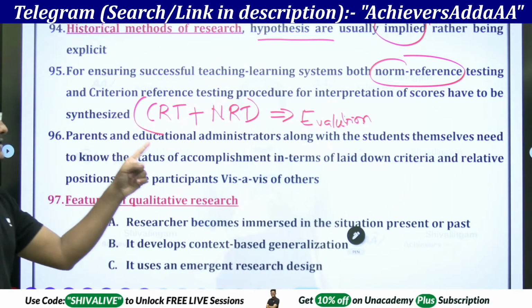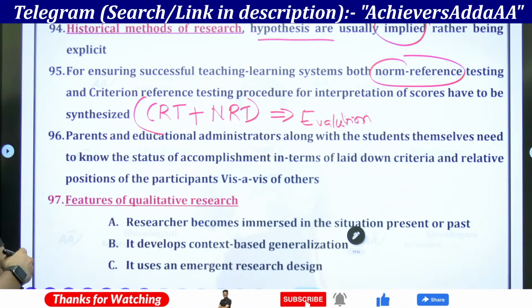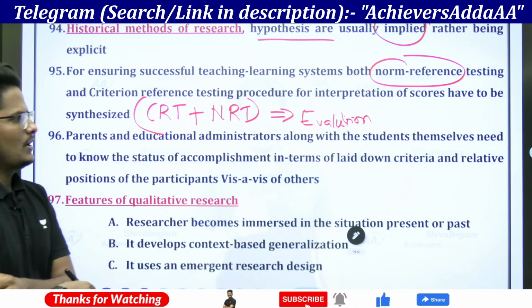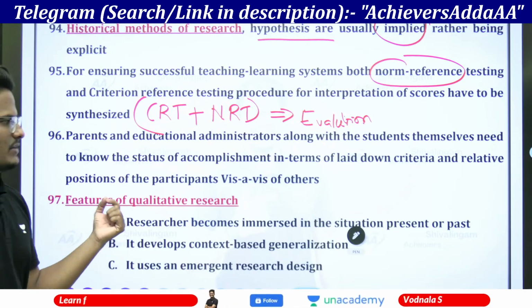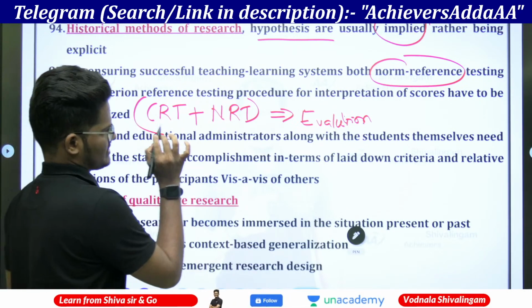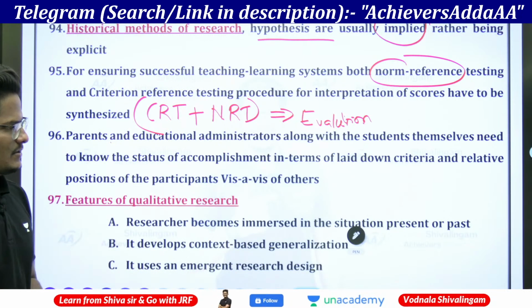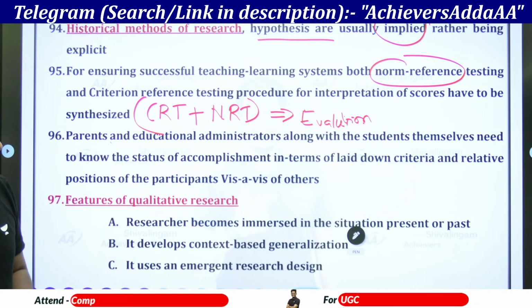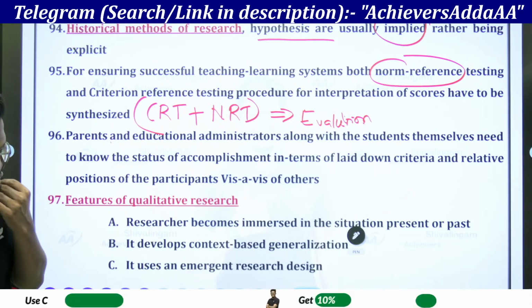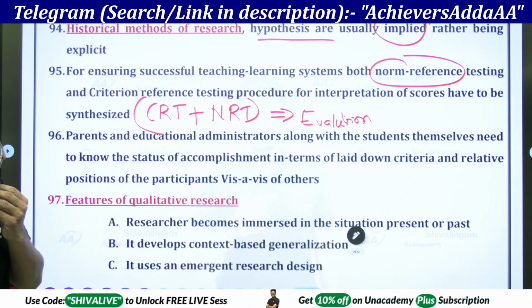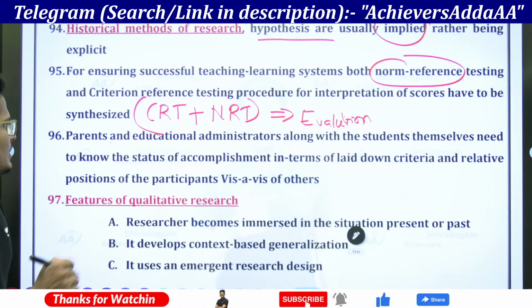Next: parents and educational administrators, along with the students themselves, need to know the student's status of accomplishment in terms of laid down criteria and the relative positions of the participant vis-a-vis others.